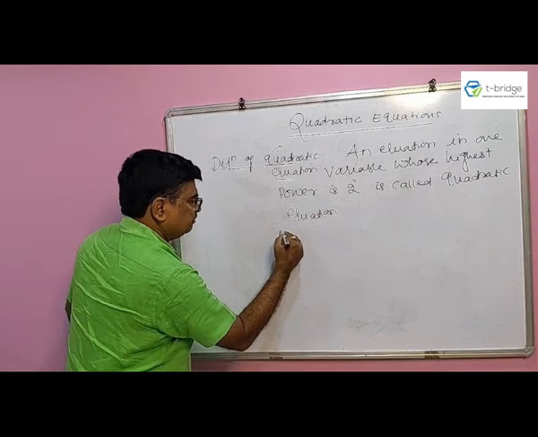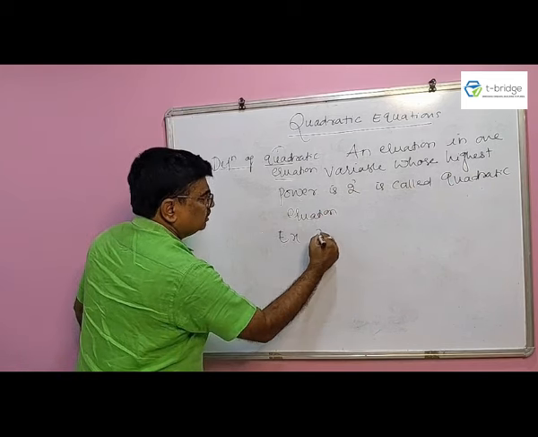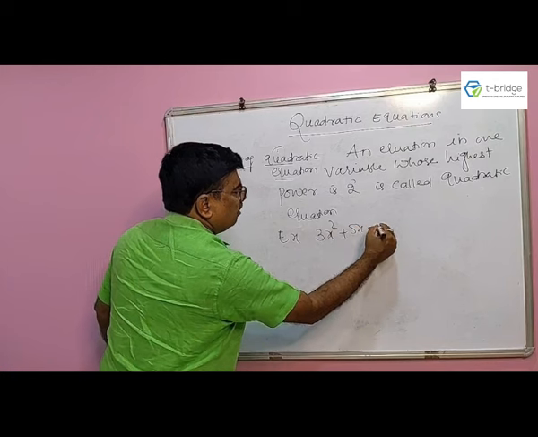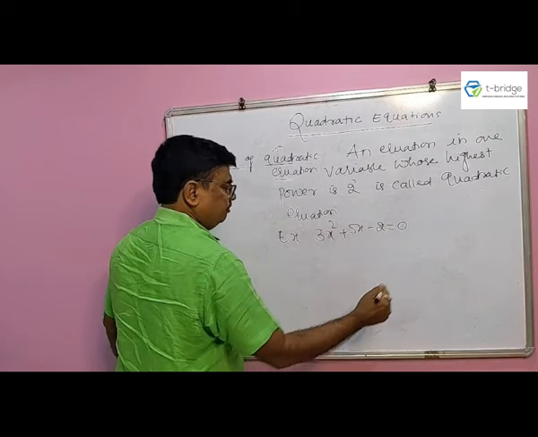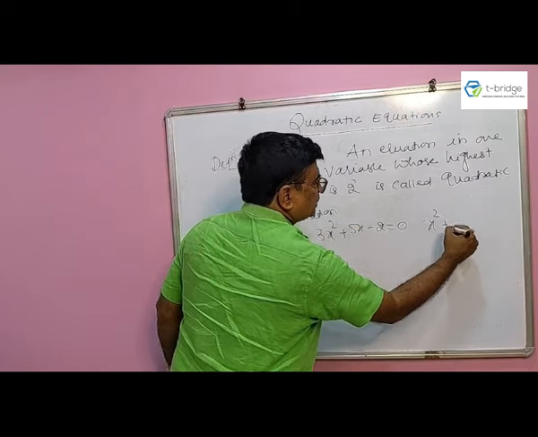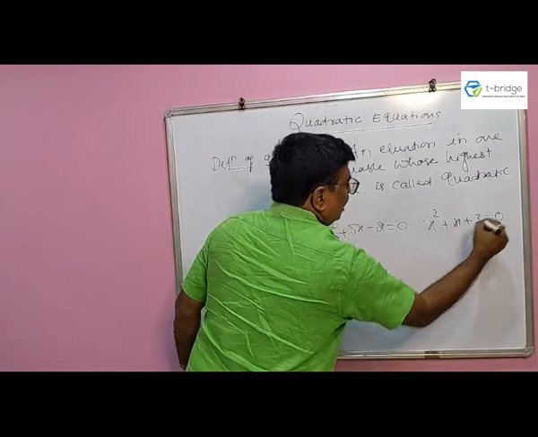Example: 3x square plus 5x minus 2 equals 0, x square plus x plus 3 equals 0, and so on.